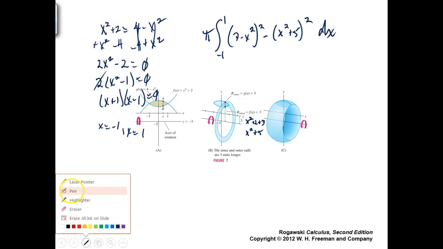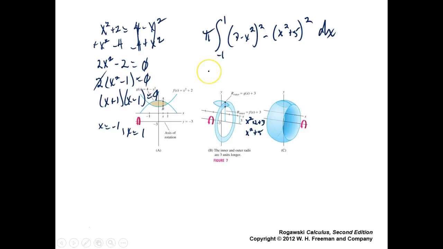Okay. So let's square that first. This is pi, integral from minus 1 to 1. What happens when you square that first binomial? What do you get? A 49 minus, no, second? Yeah, you got 14x squared.